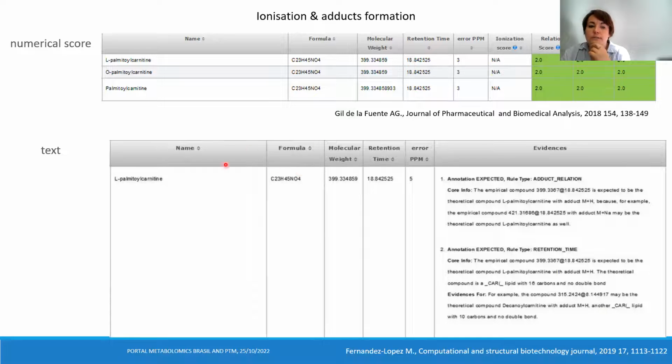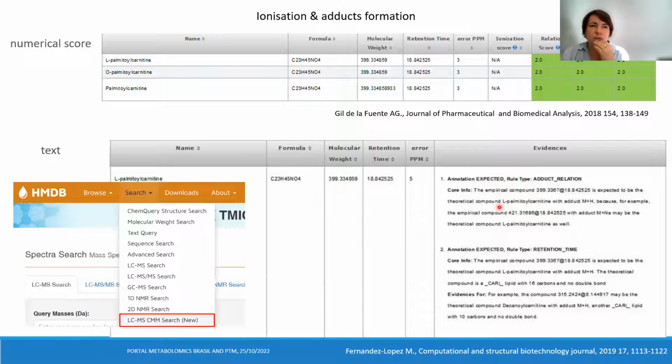Or there is also an application called LAS that will give you an explanation about the particular ions in text, explaining whether a particular annotation is possible or not, expected or not expected, following the adduct or retention time information.